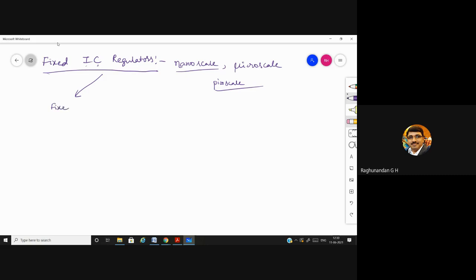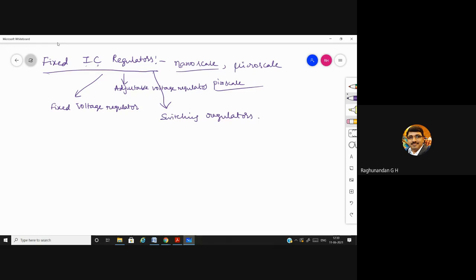One is the fixed voltage regulator, another is the adjustable voltage regulator, and the other is the switching regulator. These are the three different types of regulators.